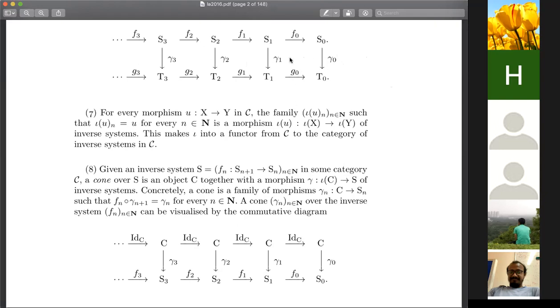Now, for a square to commute, what it means is, if I take an element X in S1, apply F0 to it, and then apply gamma 0 to it, I get an element of T0, the element gamma 0 of F0 of X. But I also get an element of T0 by first applying gamma 1 to that X and then applying G0. So that element is G0 of gamma 1 of X.